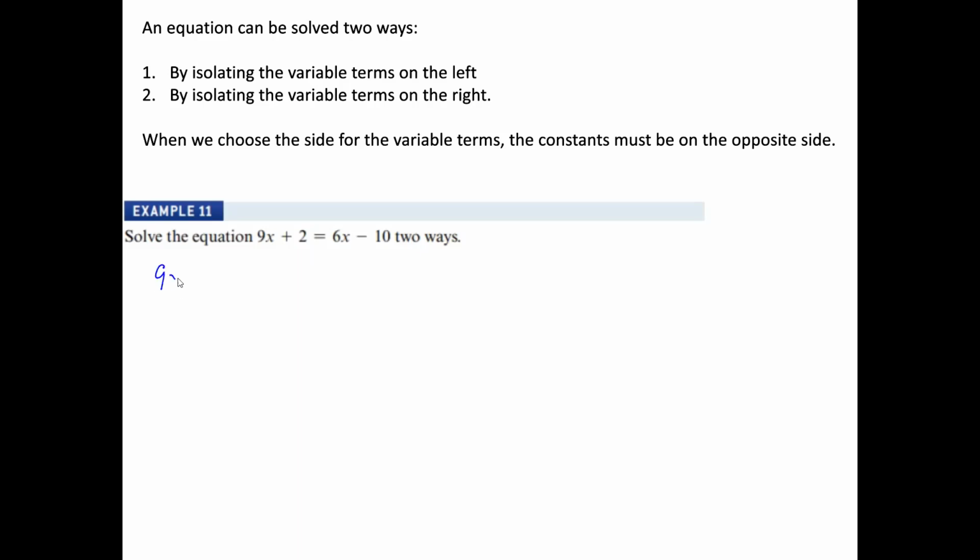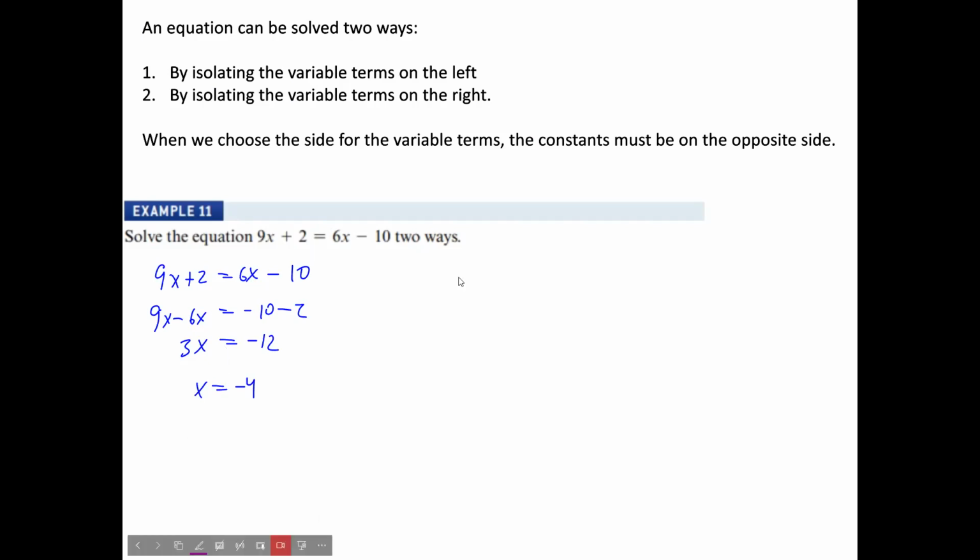Let's have a look. 9x plus 2 equals 6x minus 10. So if I move it to the left, I will have this, right? So 9 minus 6 is what? Correct?